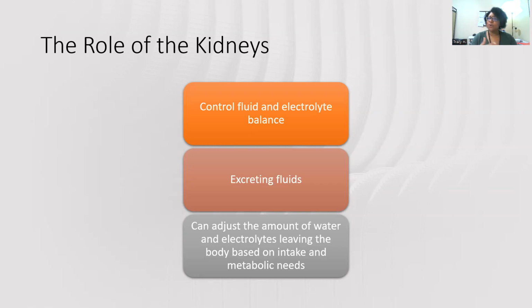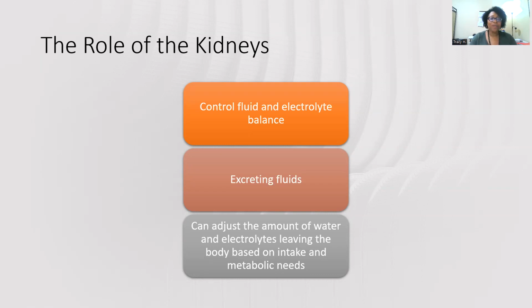So let's just say a person has been working and hasn't been able to drink a lot of fluids like they normally would. The body adjusts to that. The kidneys are wonderful and can adjust the amount of water and electrolytes that leave the body based on the person's intake and their metabolic needs.